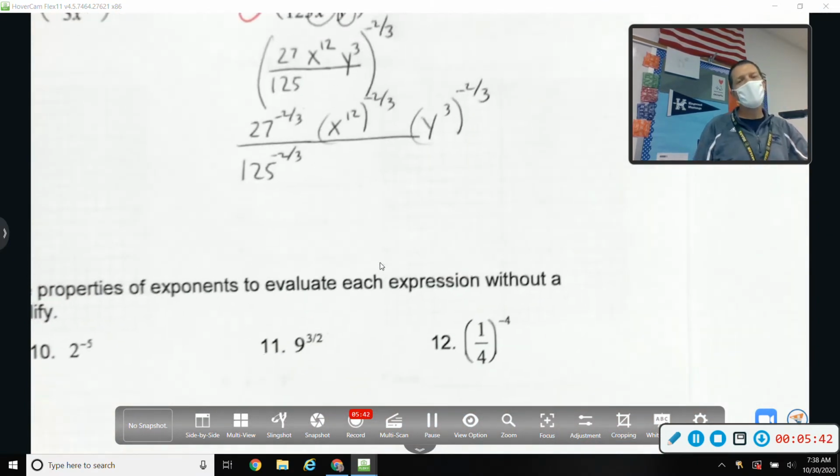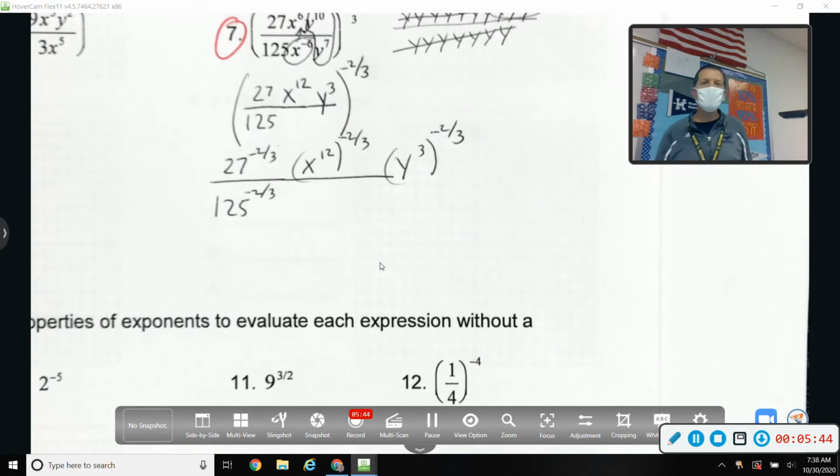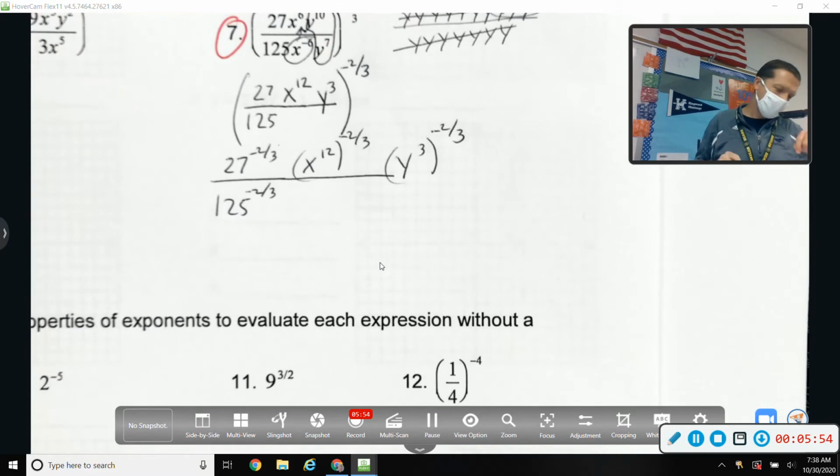And you now probably see why I picked number 7, because there's a whole bunch of stuff going on there. Negative flips it over, so we could have done that from the get-go. We could have just flipped everybody because of the negative.